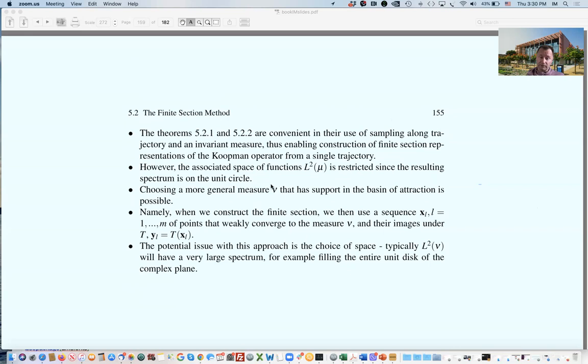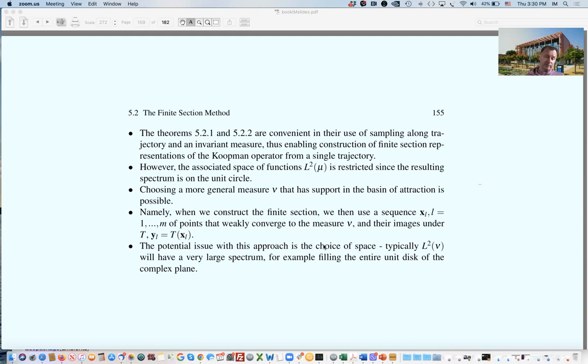So in general, you could choose a more general measure, nu, that has support in the basin of attraction, and you can use points that weakly converge to the measure nu as you increase the number of points, and their images under the map, and you can construct a finite section which is valid for functions of the attractor.